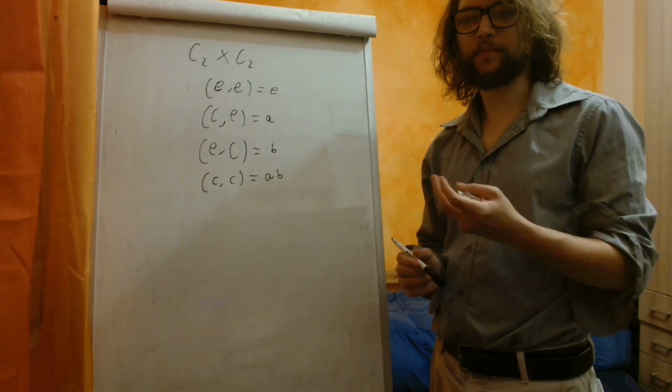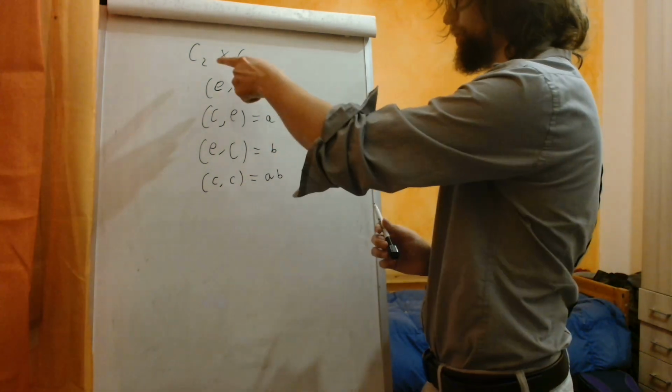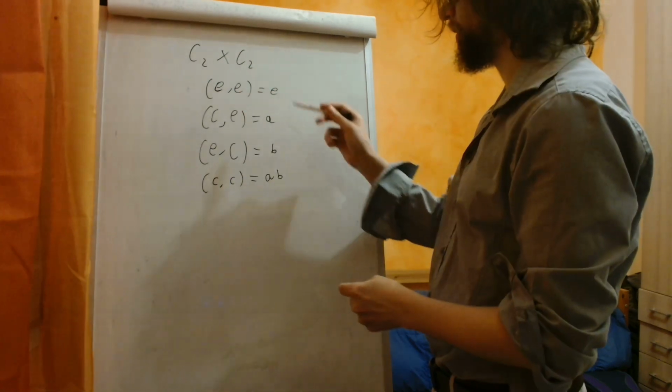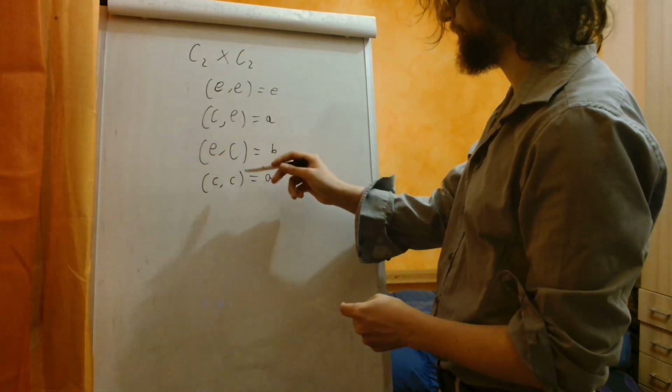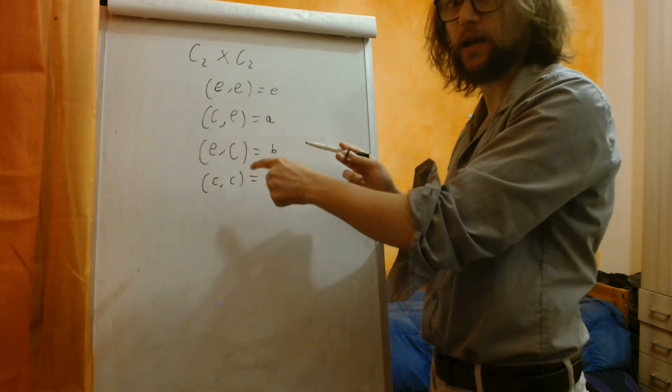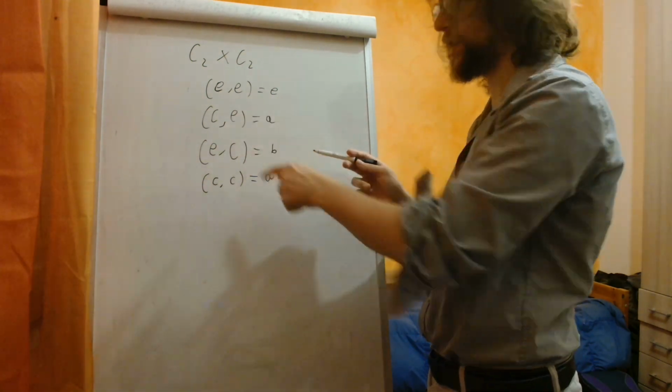Let's see another example of direct product. This is a direct product between the two cyclic groups of order 2, and these are the elements, and this is a product between these two, and they have all order 2.